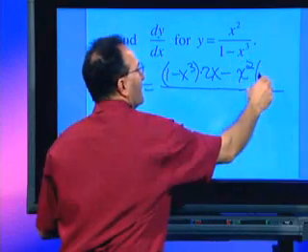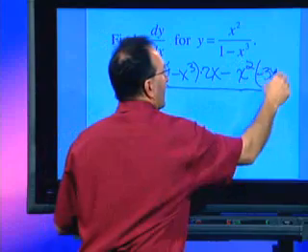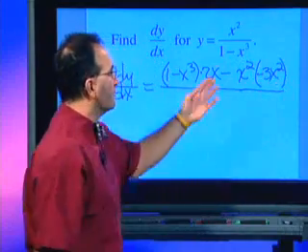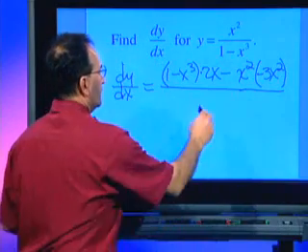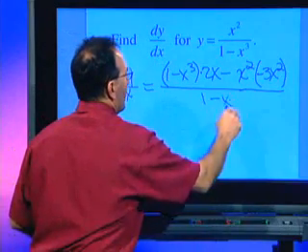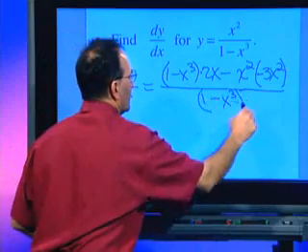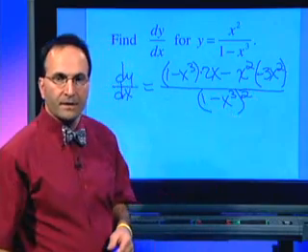And the derivative would be minus 3x squared. And remember, the derivative of 1 is just 0. Now that's all over 1 minus x cubed quantity squared.